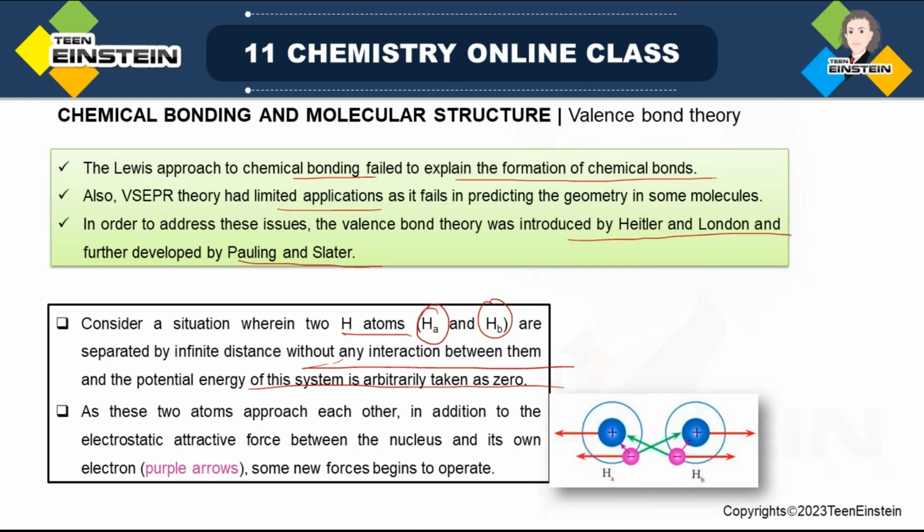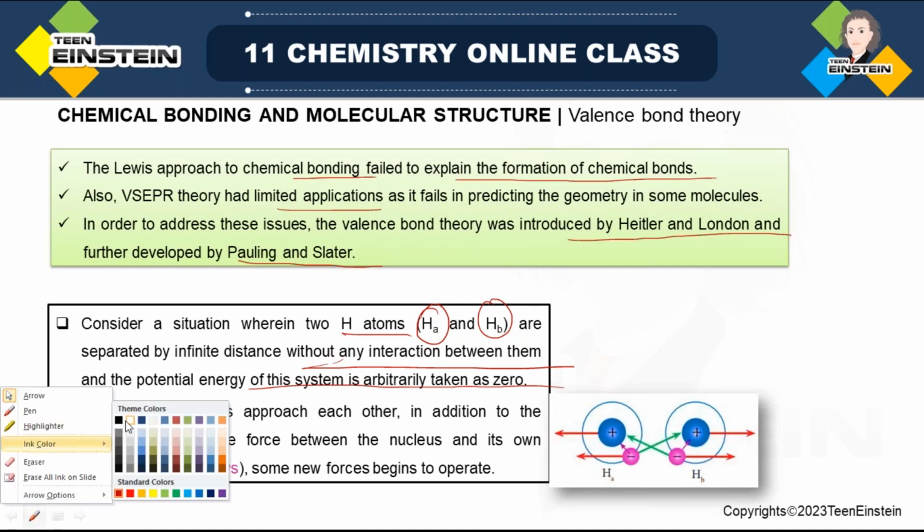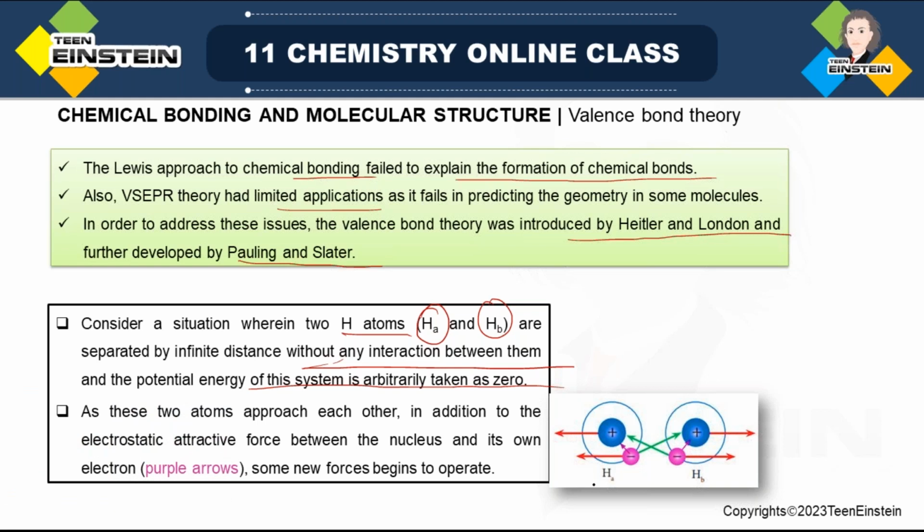Now, if you look at this picture, you'll see these two atoms. The first one is HA, the second one is HB. So this is the center, and the electron is present here. This is the center for the second hydrogen, and the electron for the second hydrogen, which is HB. Now there are three colors for the arrows: green, purple and red.